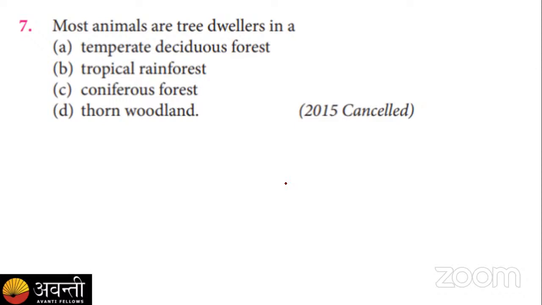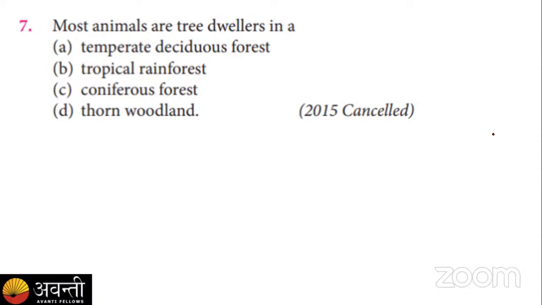Okay, so what is your answer? Okay, so now I'm closing the poll. As you know, the tree dwellers are only found when the vegetation is very rich, right? When we have dense vegetation.